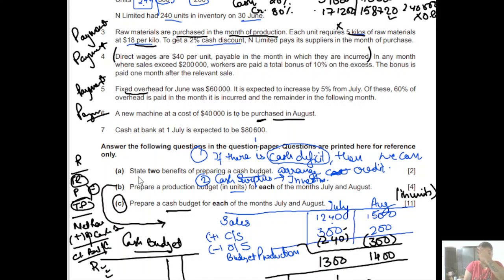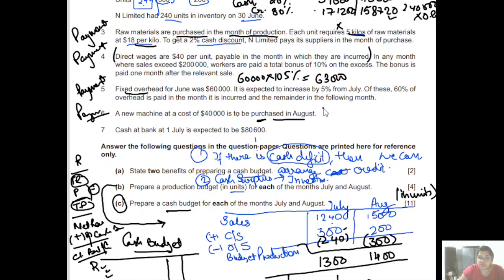Okay, for June it is 60,000, and it is expected to increase by 5% from July. That is, in June the fixed overhead is 60,000 only, but from July it will increase by 5%. So 5% means 60,000 into 105%, that is your 63,000.